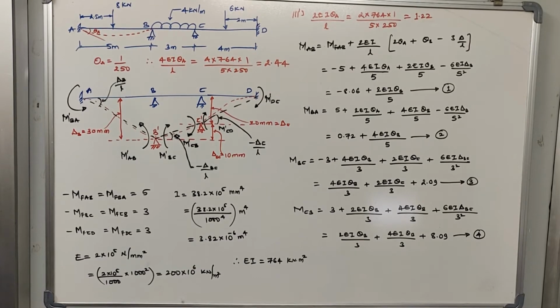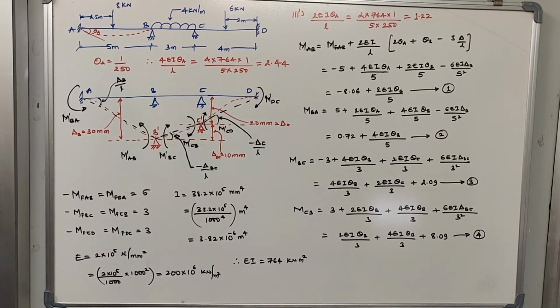A continuous beam ABCD 12 meter long is fixed at A and B and is loaded as shown in the figure. Analyze the beam completely if the following movements take place simultaneously. First, the end A yields, turning through 1 by 250 radians.